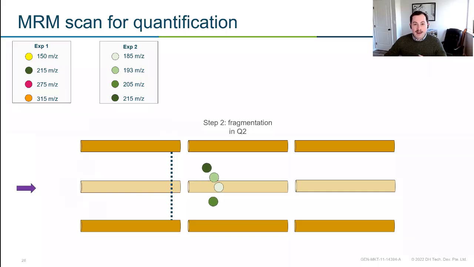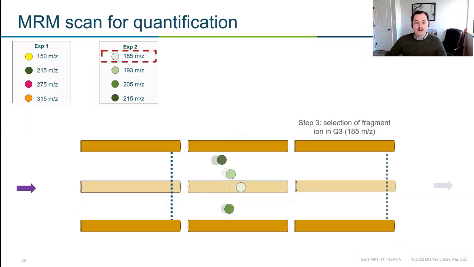Here I've got four fragments I could choose from. In our next session, we'll really talk about how to choose and optimize for these fragments. But in this case, I'm going to select my 185. Using my Q3, I'm going to only allow that 185 to reach my detector, where I'll get my intensity, and then I can decide to use that for my quantification, right?